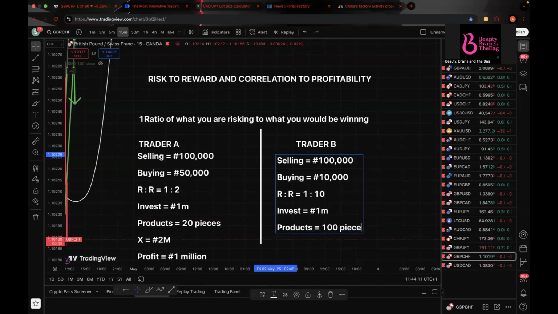Then he sold everything. When he sold 100 pieces, he got 10 million naira.